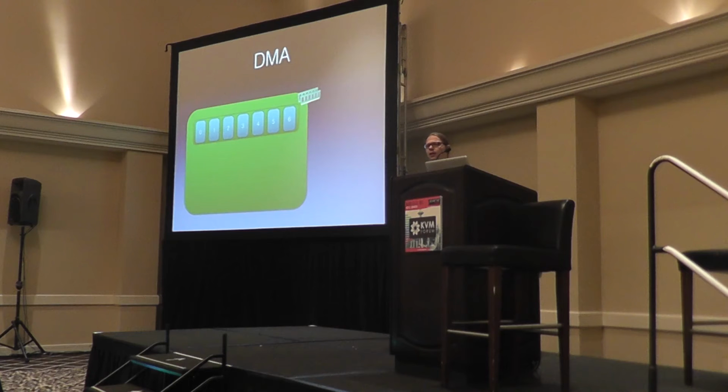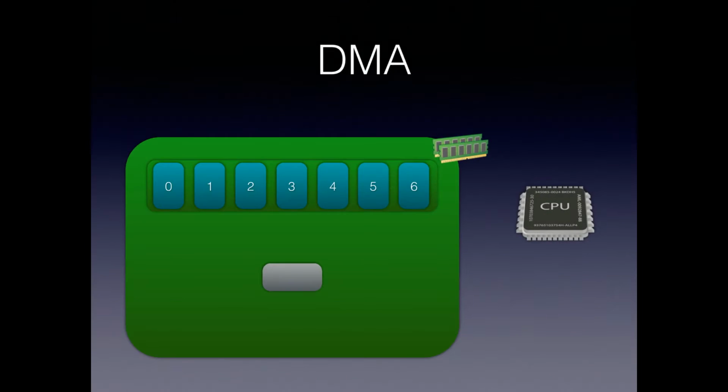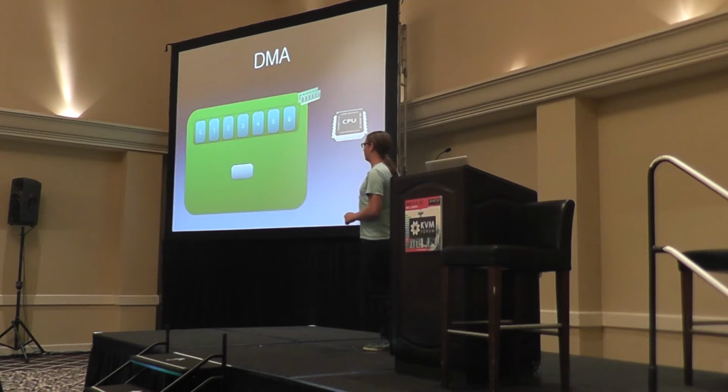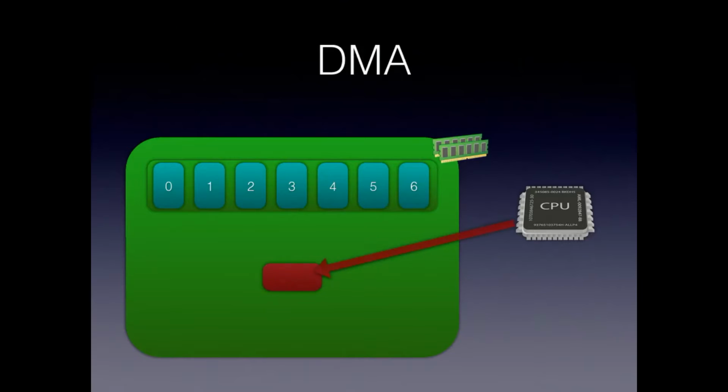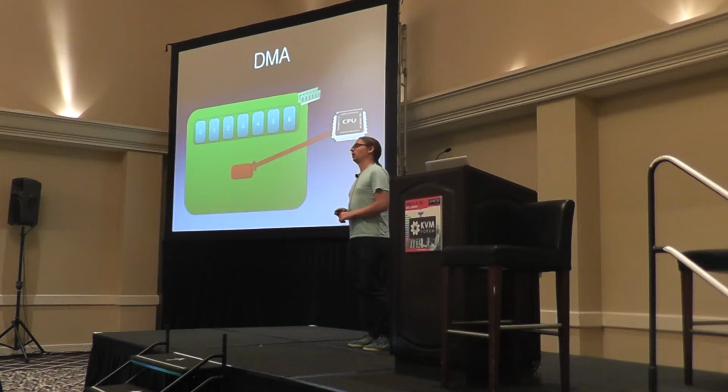So, DMA. It's a complicated story. If you have a CPU that's trying to write something into RAM, and your queue is just part of RAM, then when the CPU writes into it, KVM can trap on it and knows, all right, we have new data here, so this page is dirty.